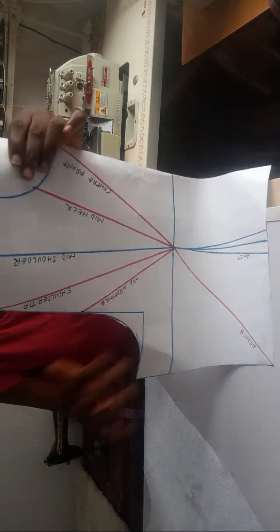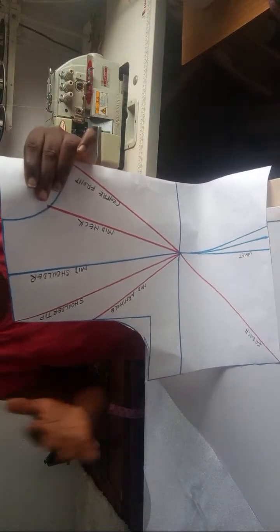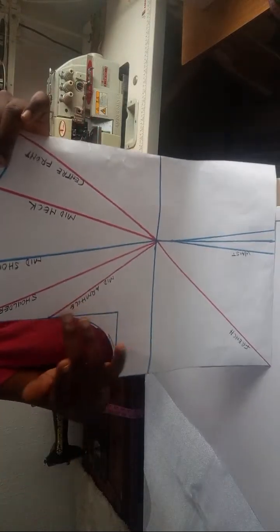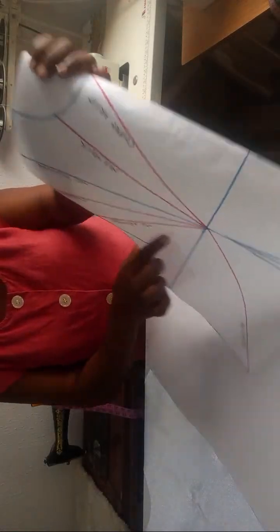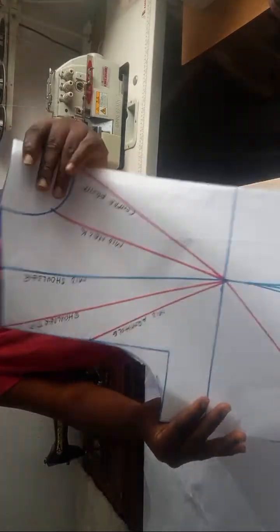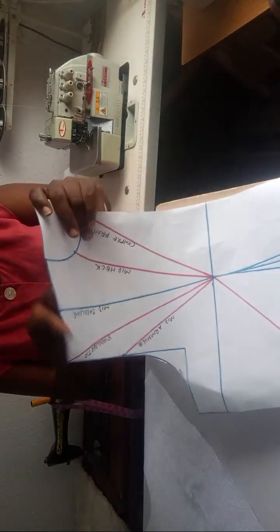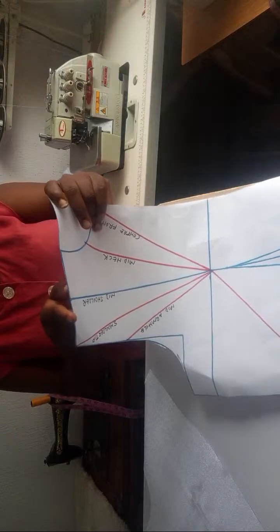This dart also, you can use it to create a princess bustier dart. We have the, you can see, this is the midpoint. You look for the midpoint after removing 1 inch from the shoulder to create your shoulder slope.